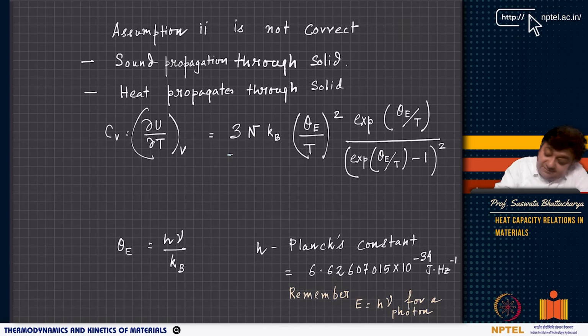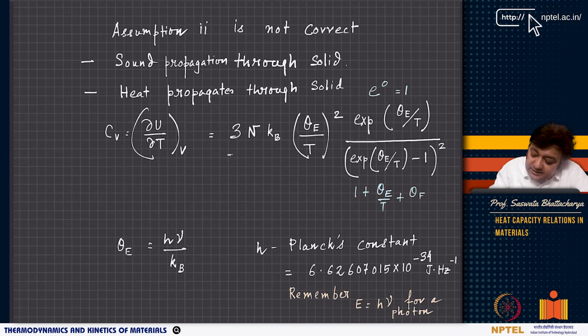So, you have, for example, e to the power theta E by T, T is very, very large, so this is small. You can think of this as e to the power x, which is equal to 1. Here, you look at this can be like 1 plus theta E by T plus theta E by T whole square plus dot dot dot minus 1. So, 1 goes off, and you can tell that, okay, these terms are all neglected.